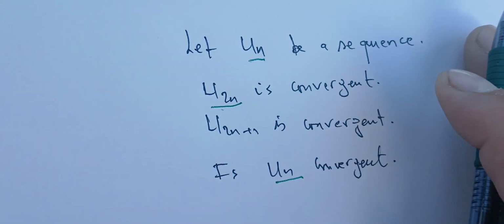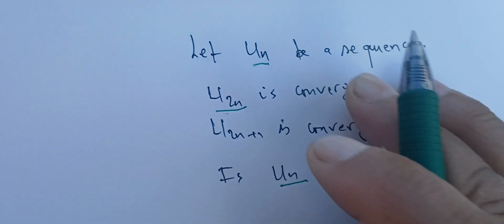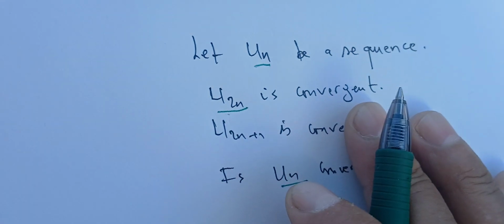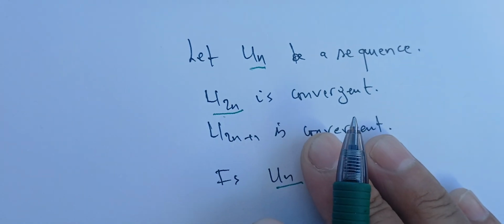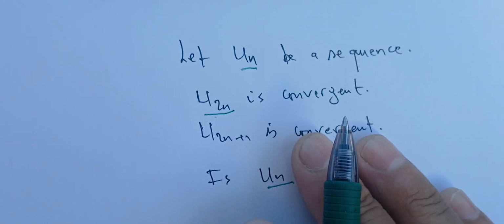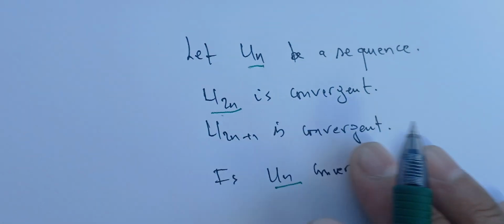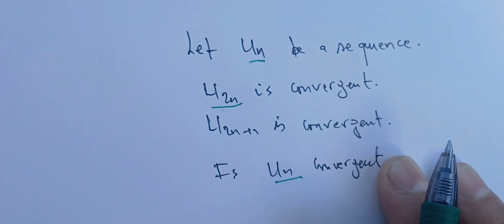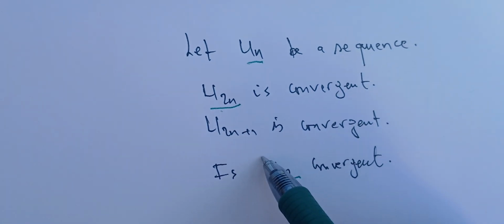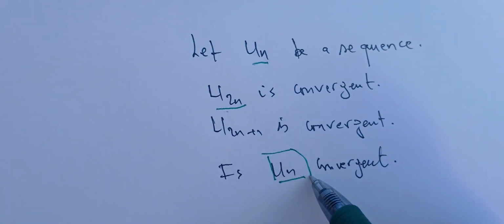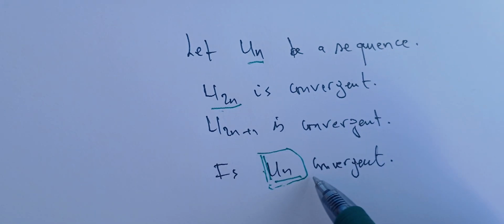When we have questions like this, if the statement is true, we have to prove it. If it's not, we have to find an example where we can show that this is not the case. That means it's not convergent. So we are looking to answer the question, is u_n convergent?